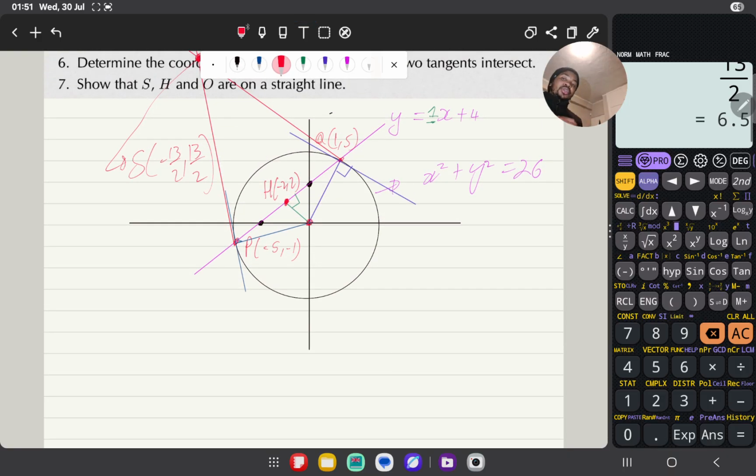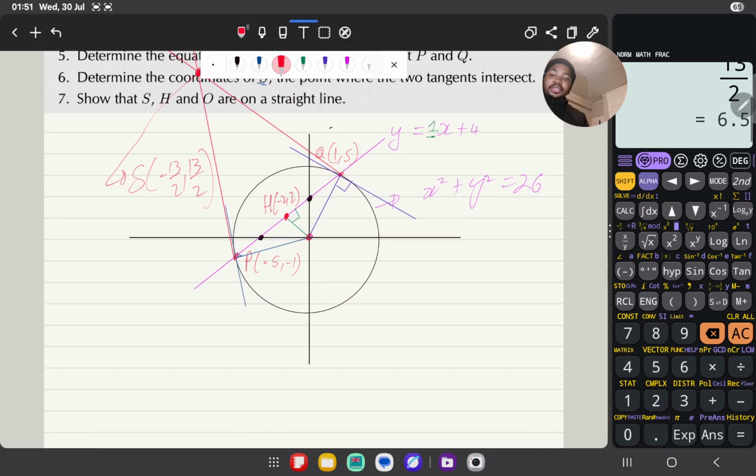So you're going to find the gradient for SH, then the gradient for SO, and then the gradient for OH.